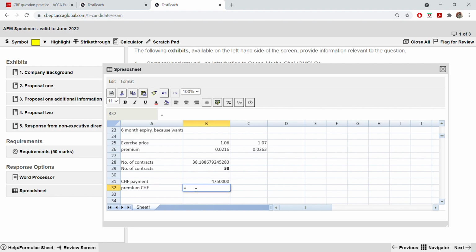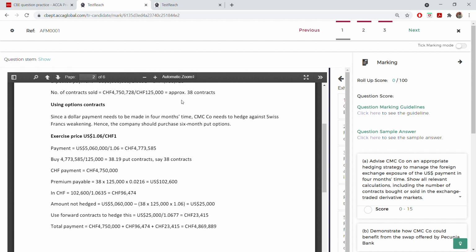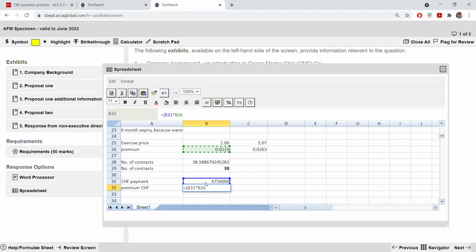So equal to this, or you can take this payment only, because you have already multiplied 38 by 125,000. So this multiplied by this. Yes, it's simply this multiplied by this.